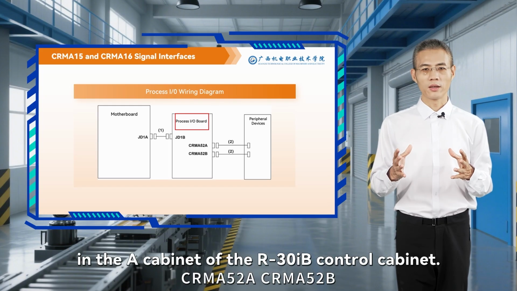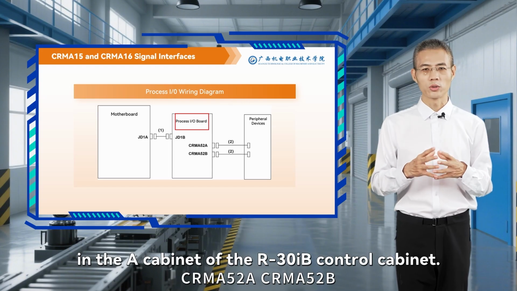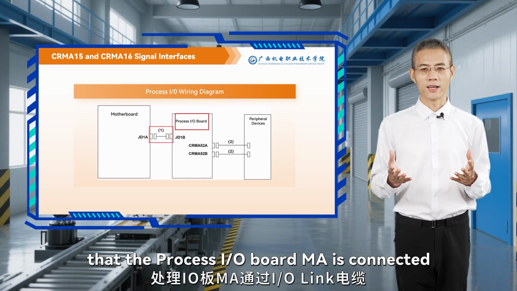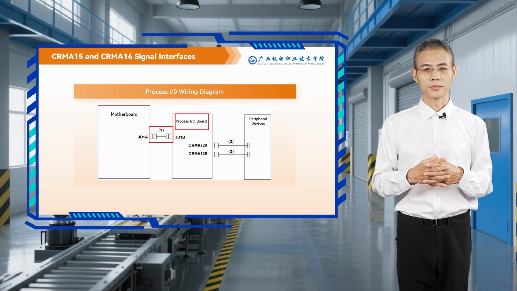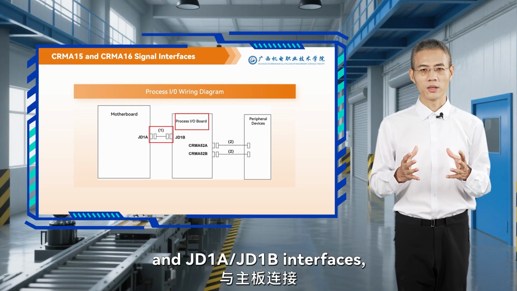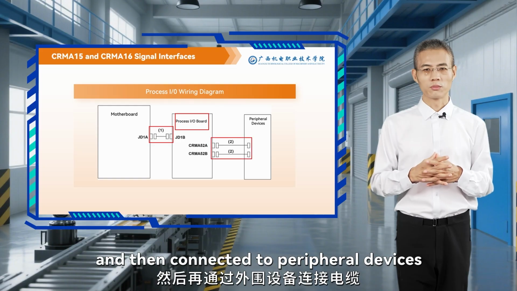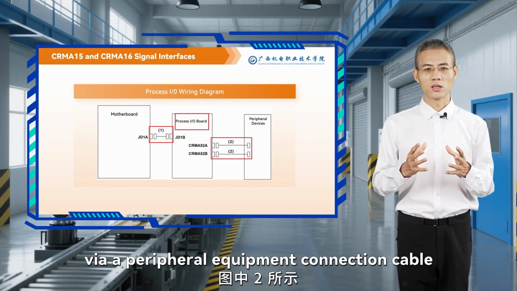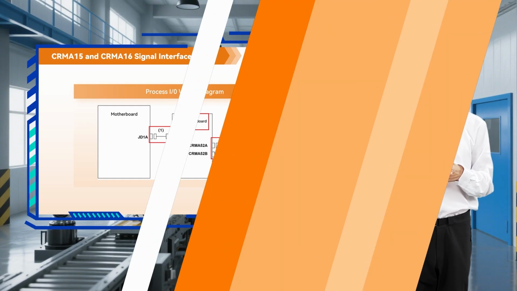In the A cabinet of the R30iB control cabinet, we can see that the process I/O board MA is connected to the main board via an I/O link cable, and the GD1A, GD1B interfaces, and then connected to peripheral devices via a peripheral equipment connection cable.